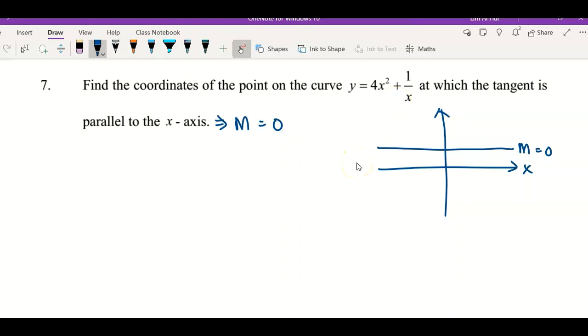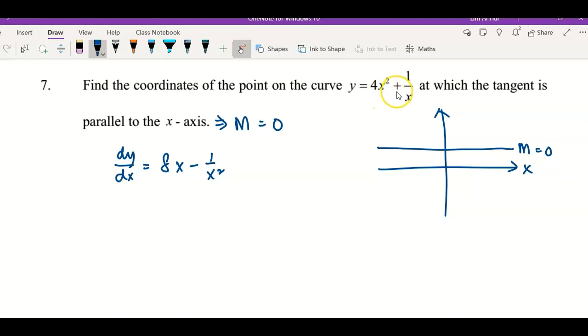For question 7, if you get the idea, you can just find dy dx and let it equal 0, because the tangent is parallel to the x-axis, meaning the gradient of the tangent line is also 0. So just find dy dx as 8x minus 1 over x squared.